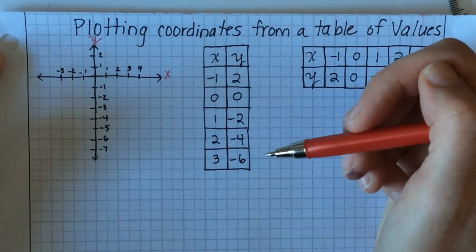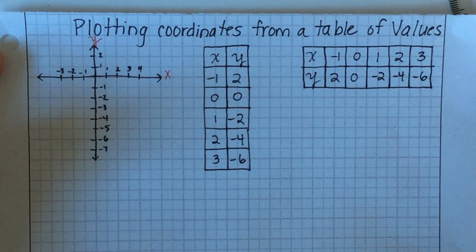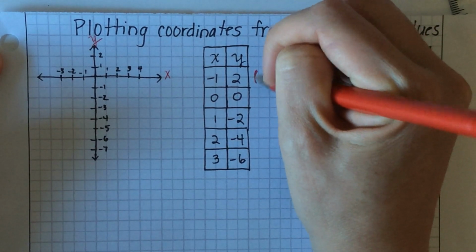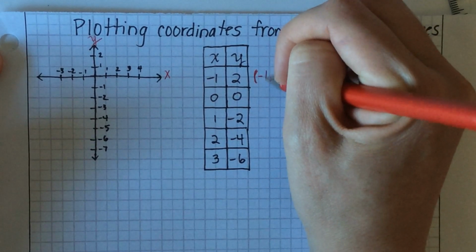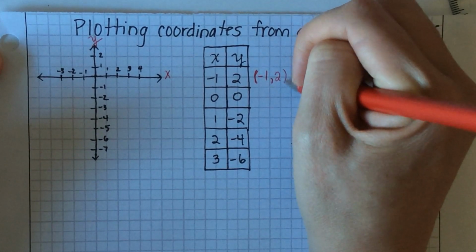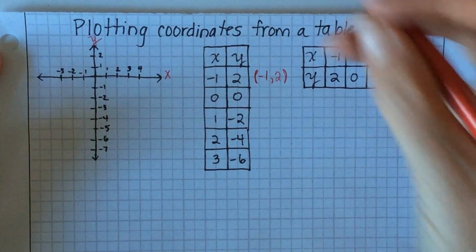So when x is -1, y is going to be 2 on a graph. Another way to write that is in an ordered pair. When x is -1, comma, y is 2. So we can actually plot that as a point on the graph.